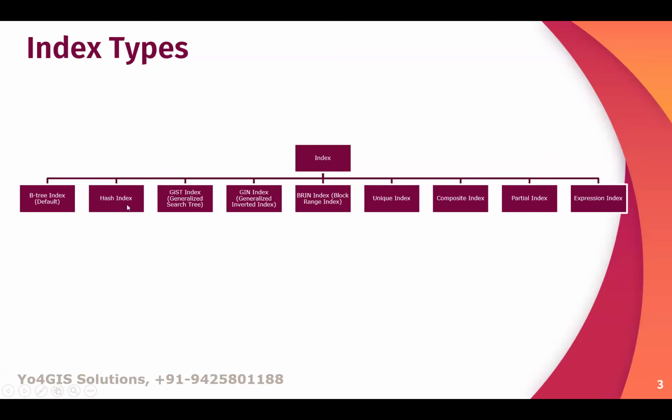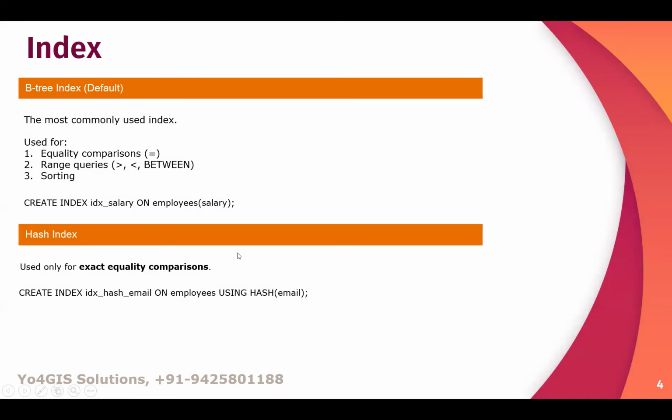These are the different types of indexes we can create in a Postgres database: B tree index, hash index, GiST index, generalized search tree, GIN index, BRIN index, unique index, composite index, partial index, and expression index. Now we'll see one by one how we can create them. This is the answer to your question, how we can create the index.